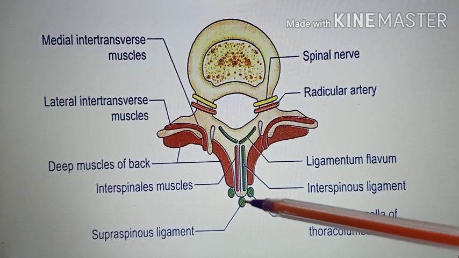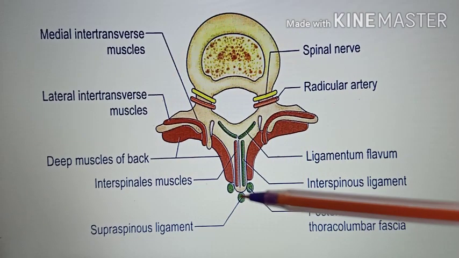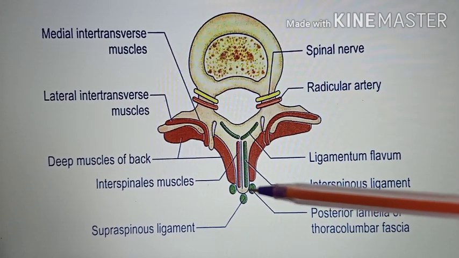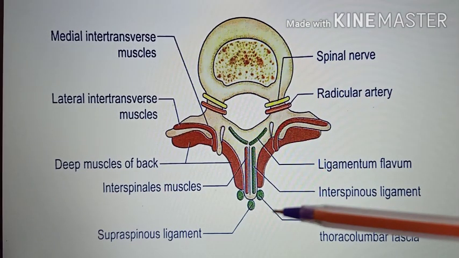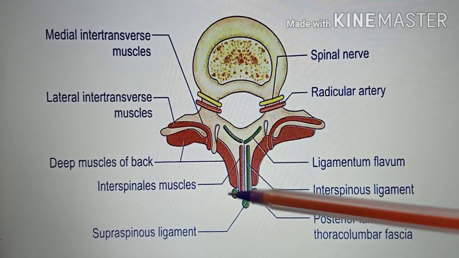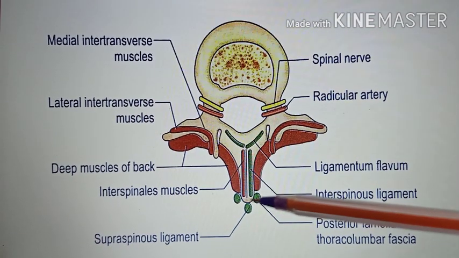The posterior border provides attachment to the supraspinous ligament in the midline and the posterior lamellae of the thoracolumbar fascia on each side. You can see the posterior layer of thoracolumbar fascia is attached on both sides.